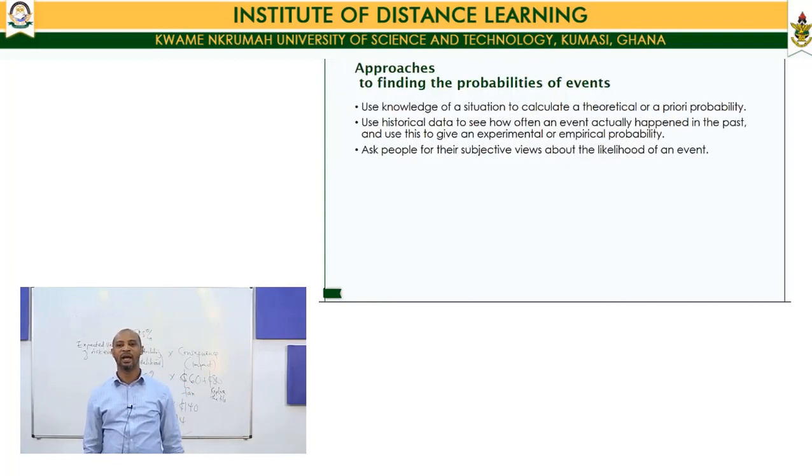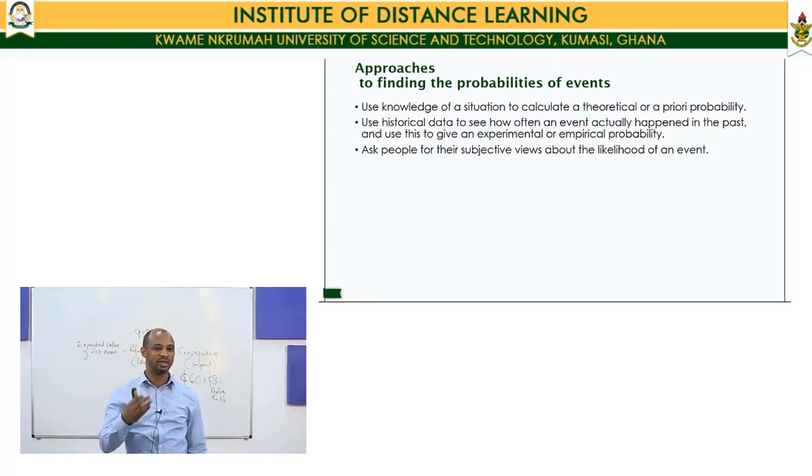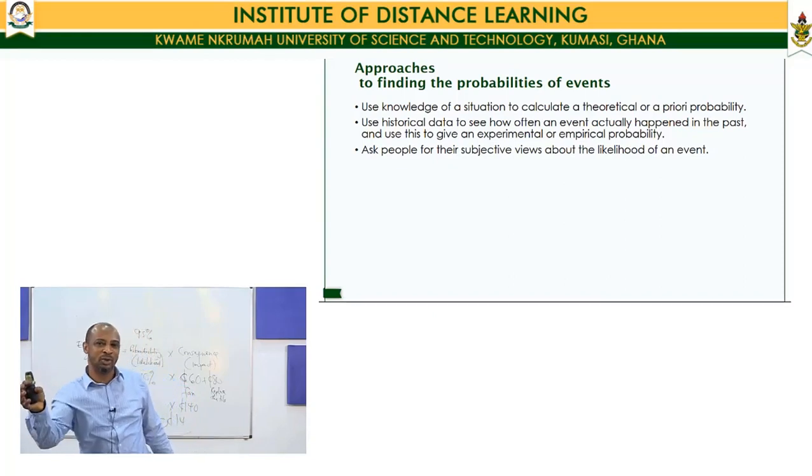So what are the approaches that we can use to find these probabilities? Because we have just alluded to the fact that it is very difficult to find a probability. So first, you can use knowledge of a situation to calculate a theoretical, or what we call a priori, probability, something that is likely to be close to reality.